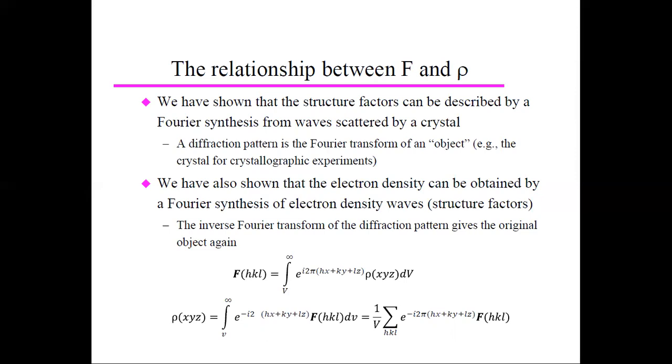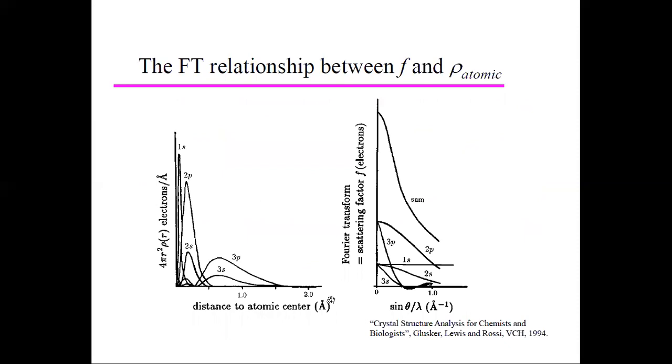We have also shown that the electron density can be obtained by a Fourier synthesis of electron density waves. So the inverse Fourier transform of the diffraction pattern gives the original object. This is the inverse Fourier transformation, and this is the relationship between F and rho, from rho of x, y, z.